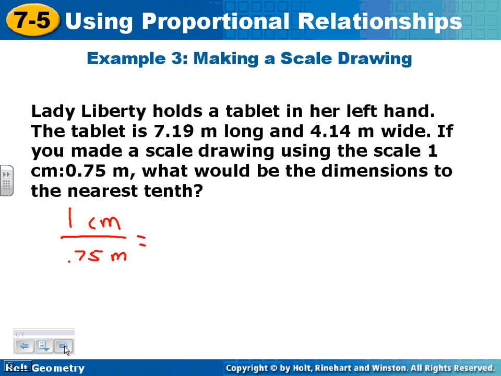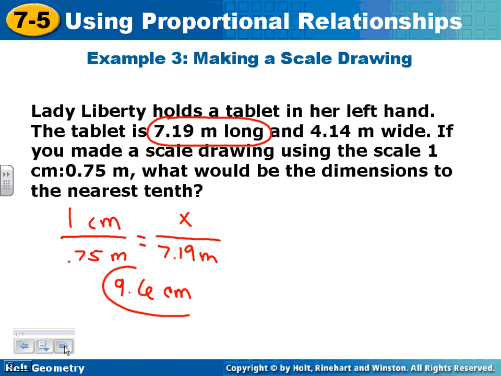And I'm going to do the length first. So this 7.19 meters long, need to decide, does that go on the top or the bottom? It has to go on the bottom to keep meters on the bottom. I'll put an X where that goes. When I cross multiply this, it comes out to be 9.6 centimeters.